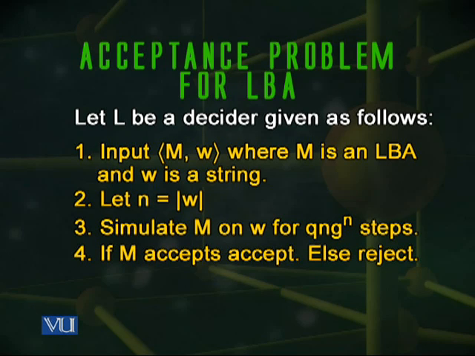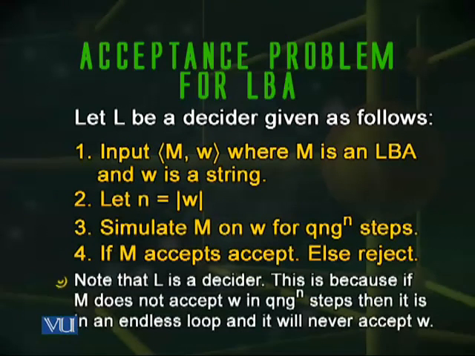If M accepts, then it will accept M, W, otherwise it will reject. By our previous theorem, since M is a linear bounded automaton, if it does not accept its input in Q times N times G to the N steps, then it is in an endless loop. The machine will go on running forever and never halt and never accept its input.